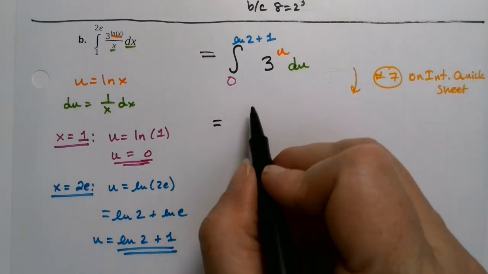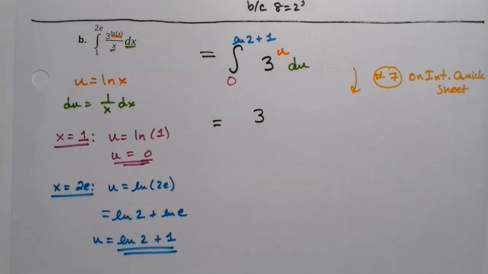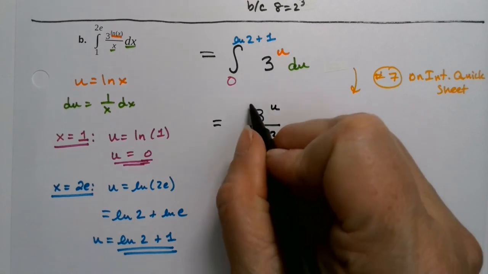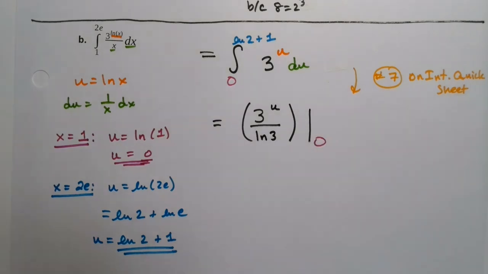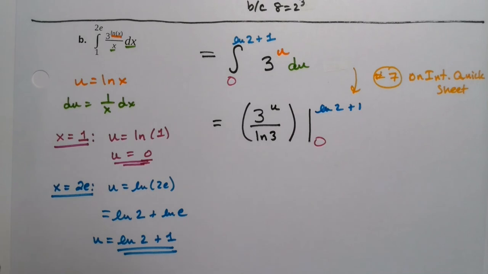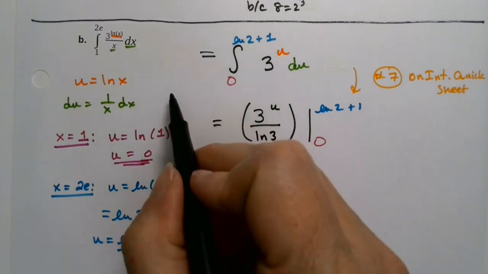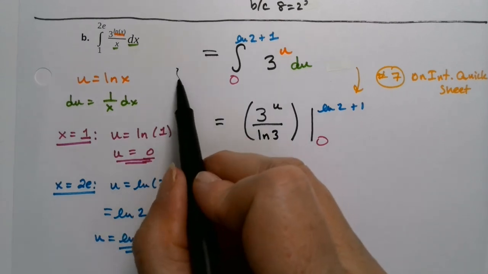All right, so this would be 3 to the u divided by the natural log of 3. We don't have to worry about the plus c, but we are taking it from 0 to the natural log of 2 plus 1. Okay, I can pull the 1 over natural log of 3 out because that's just a constant. Sorry, this is all kind of aside work.